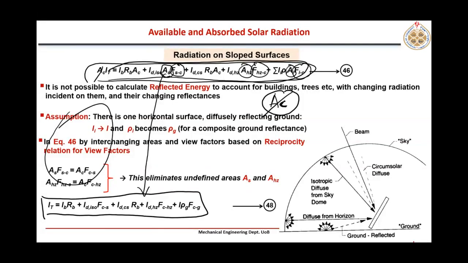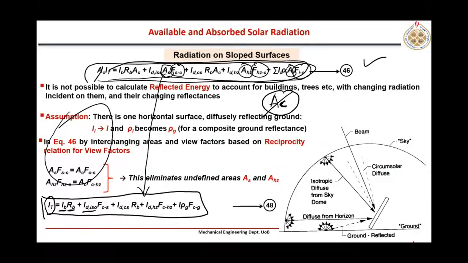Much simpler than 46. So now it is telling us the total amount of radiation falling on a tilted surface is equal to the beam radiation falling on a horizontal surface multiplied by the radiation tilt factor.